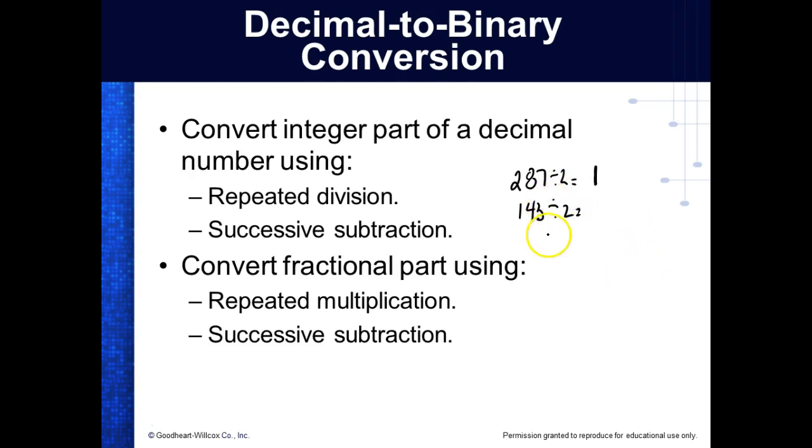And what does that give me? I'm going to write 71 down here. And every time I have a 0.5, I'm going to put a 1 over there. Every time it comes out to be a 0, I'll write a 0 there, right? I'm going to divide this by 2. What does that give me?